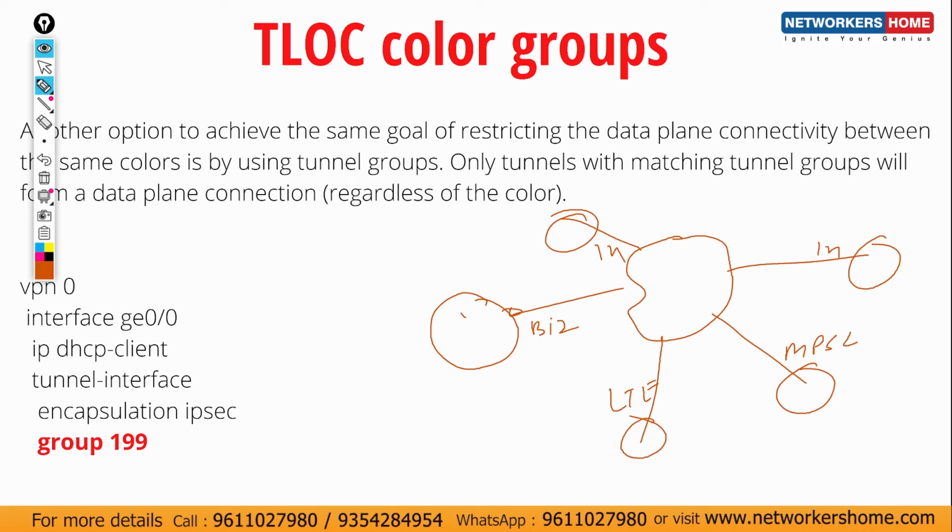So what happens with the group feature is that if you put these interfaces into the same group, they will forget about the other things, like that I should form neighborship to this or that. They will form neighborship only to their group.